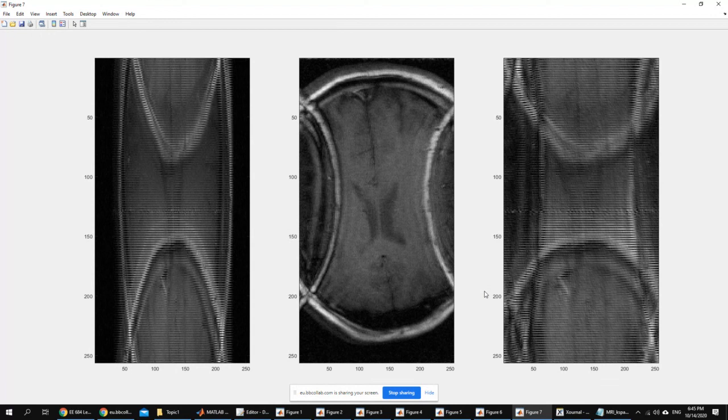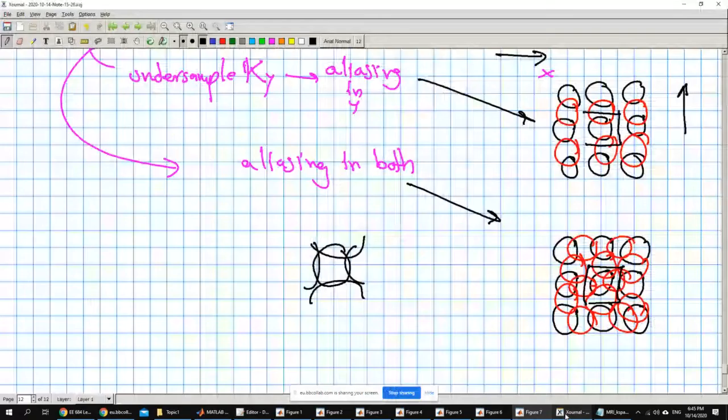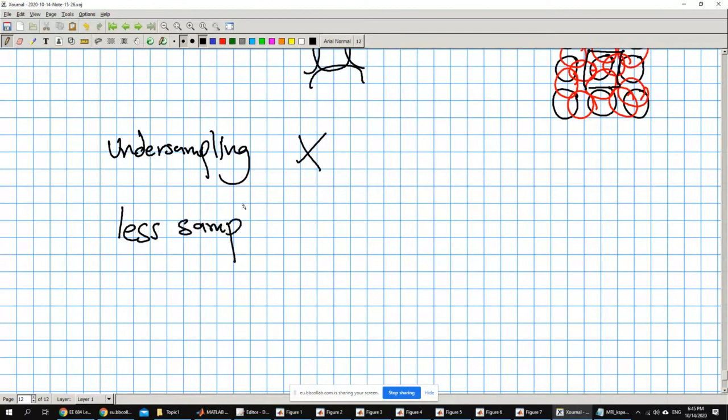The one thing that you can do to reduce the imaging time is reduce the number of samples by reducing the bandwidth. Meaning that instead of undersampling, which is not good, maybe you can use fewer samples at the correct sampling rate.